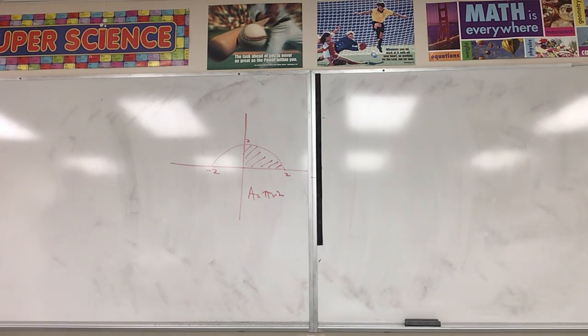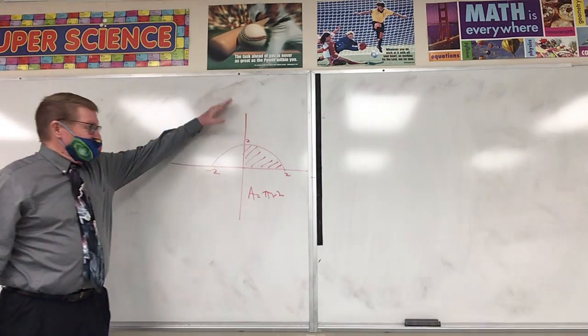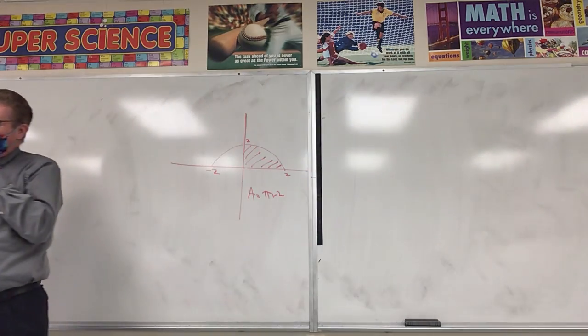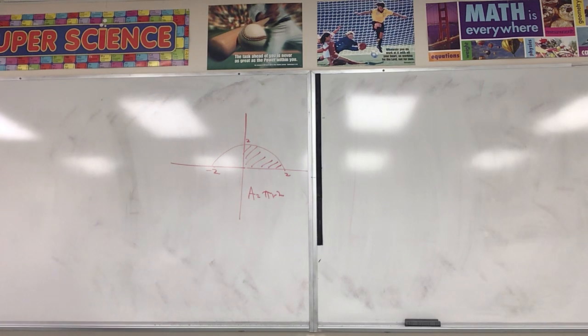So your area is what? 4 pi, agreed? And how much of it do you want? Remember, this is half, you want a quarter of it, so it'd be pi.